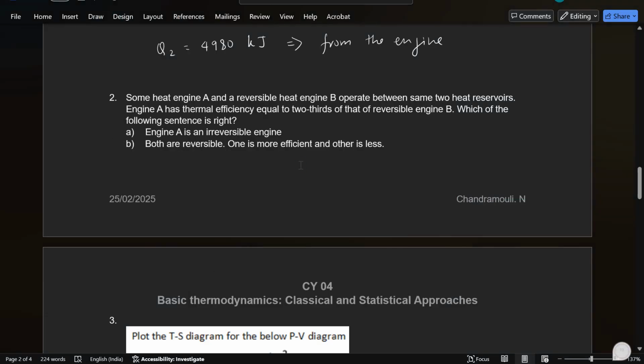Do you understand this part, Jyoti? Yes, sir. Okay. So second question, can you tell the answer for the second question? Just read the question and then tell me the answer for that.